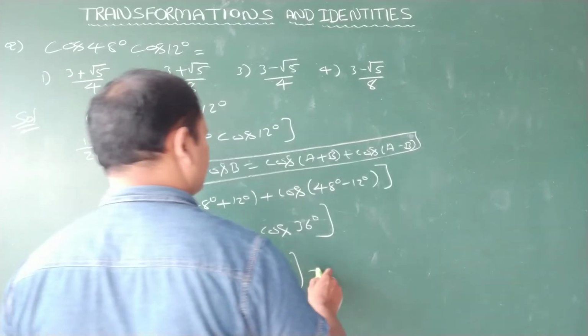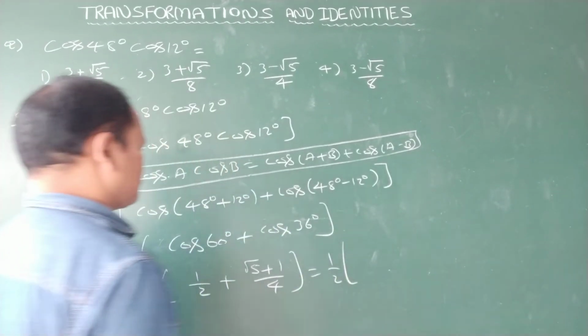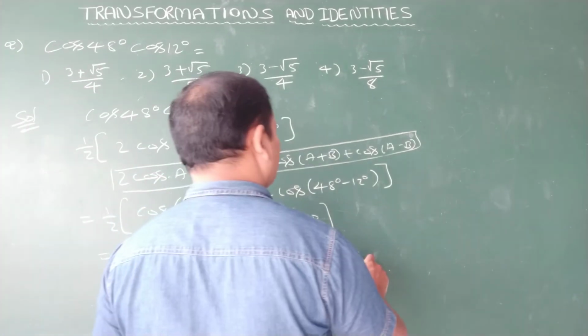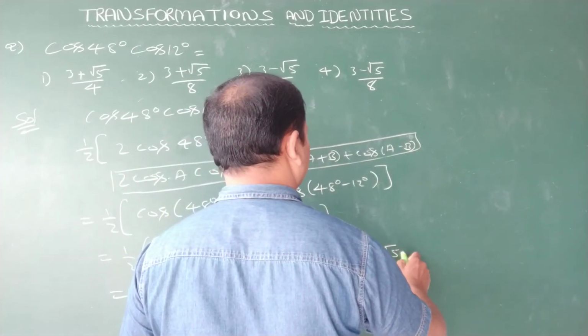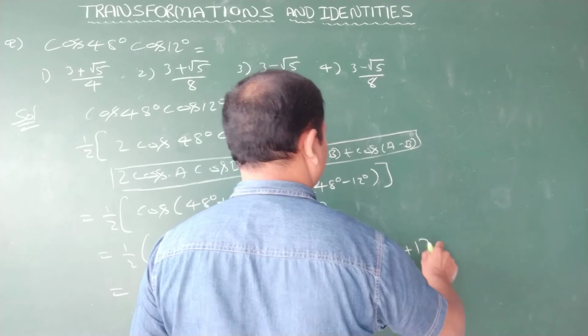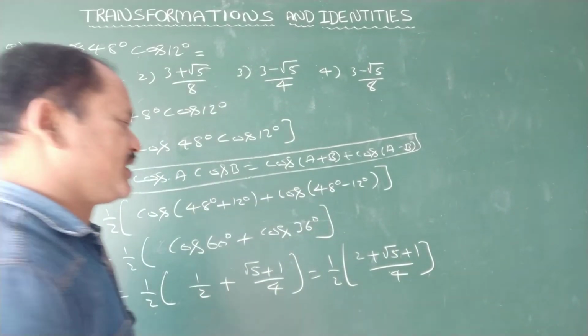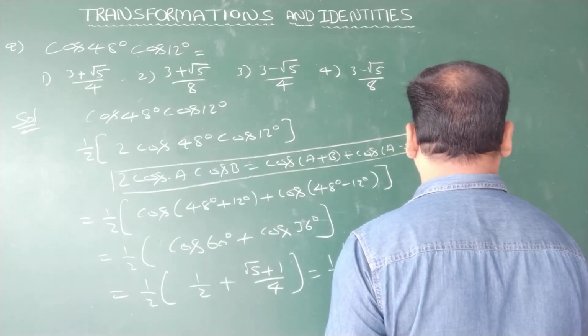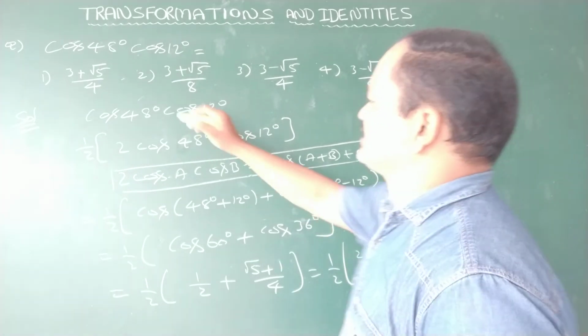Now take the LCM here: 1 by 2 times (2 plus root 5 plus 1) by 4. After simplification, we get (3 plus root 5) by 8. That is the second option.